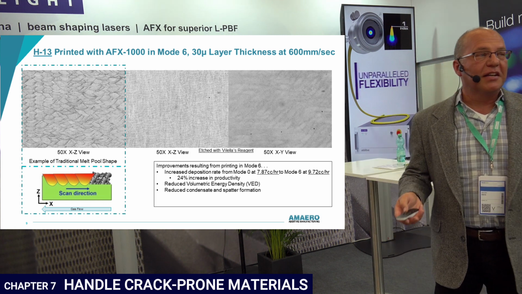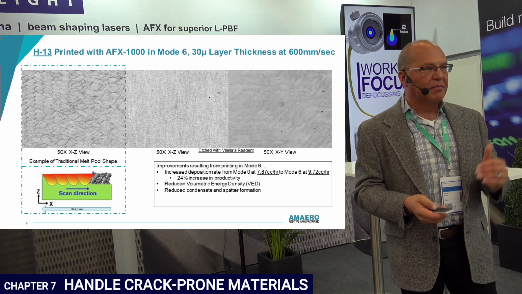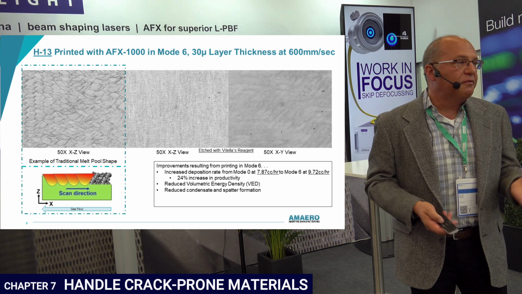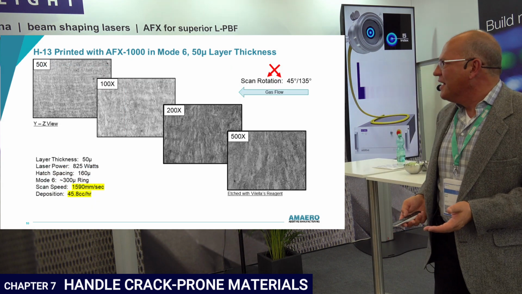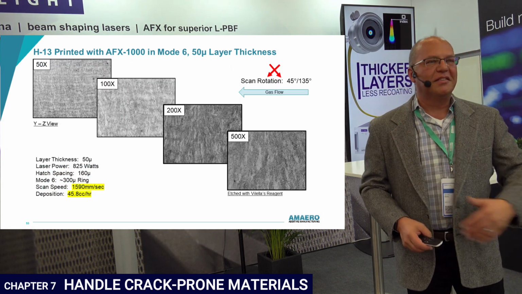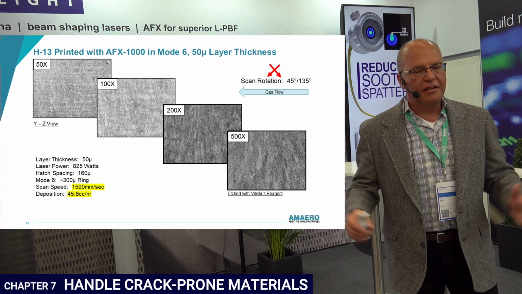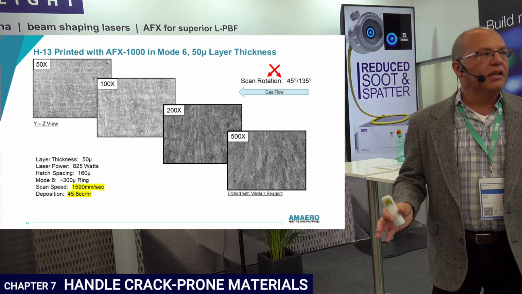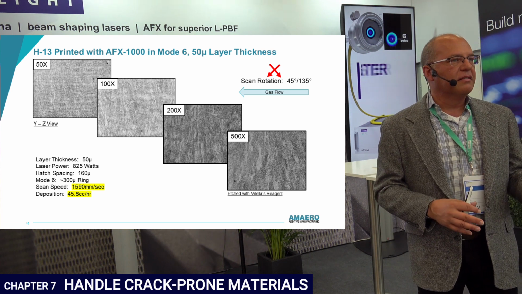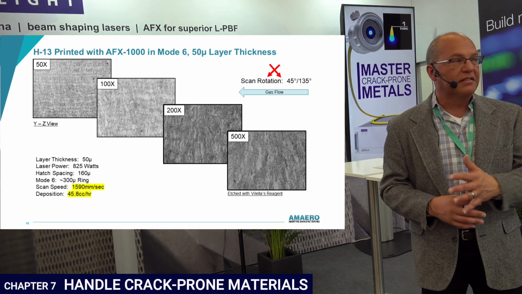I've never seen anyone print H13 thicker than 30 micron layers, so I decided, well, we'll go to 50. What can happen, right? So we did a whole series of DOEs, going faster, pouring more power in, scanning thicker, scanning faster. I've never seen anyone who could print H13 at high scan speeds because it wants to crack.